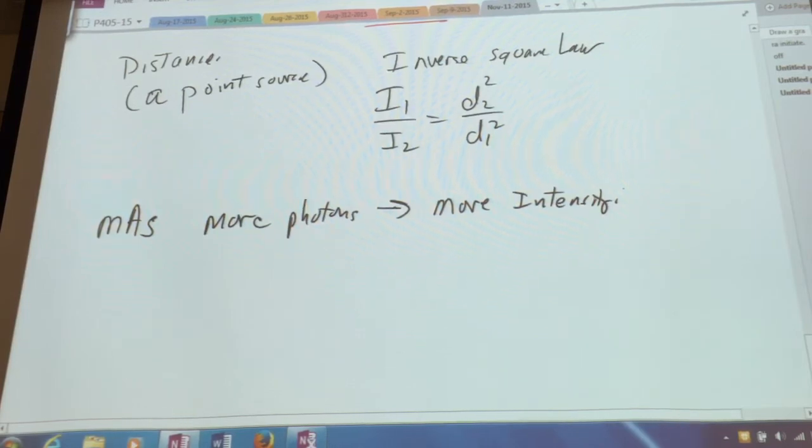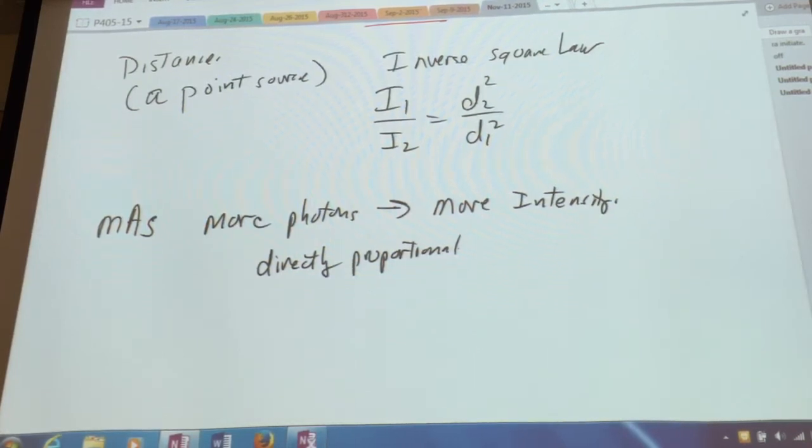So we're looking for something that's directly proportional. How would you express direct proportionality? I1 over I2. There we go.